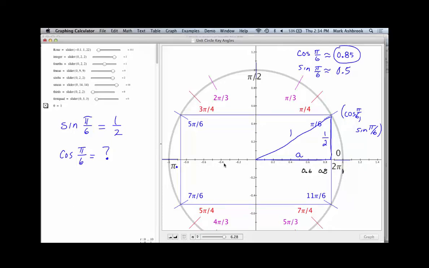And so you get a squared plus 1/2 squared equals 1 squared. When you do the math, you get a equals the square root of 3/4. Okay, and that's the same as the square root of 3 over the square root of 4, or the square root of 3 over 2.